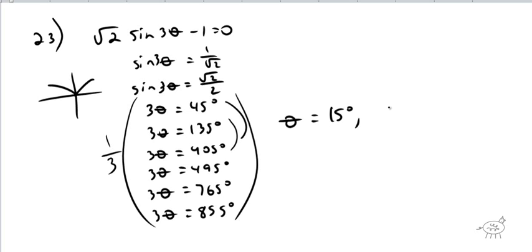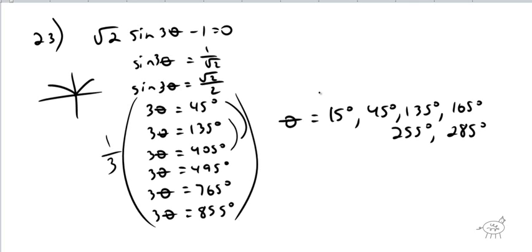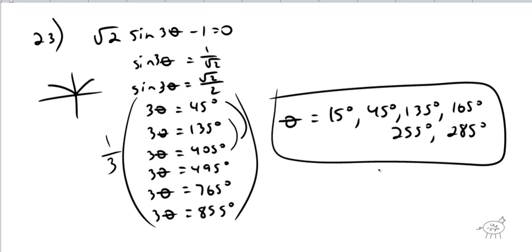A third of 135 is 45, and 135, and then 165, and then 255, and then 285. And remember, math fans, all these values are all between 0 and 360. Okay, and they better be, because all the answers are supposed to be between those values.